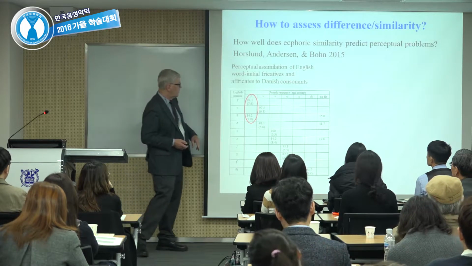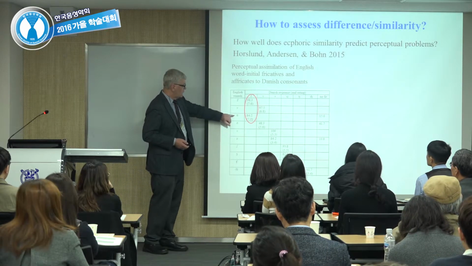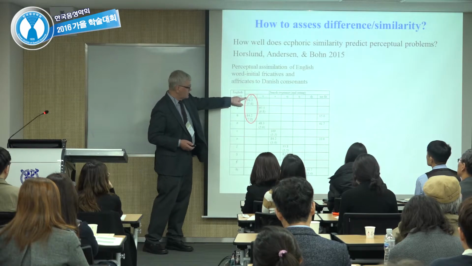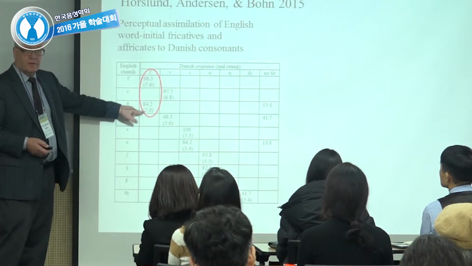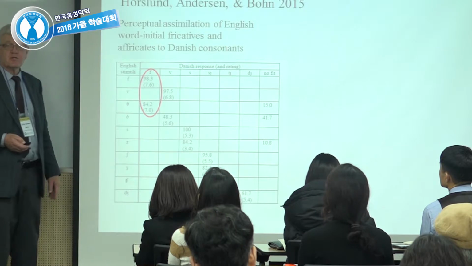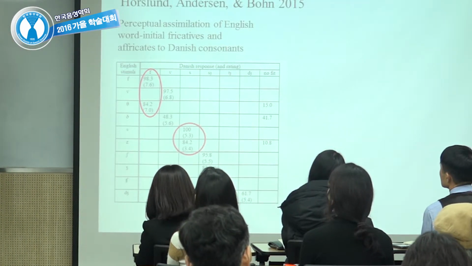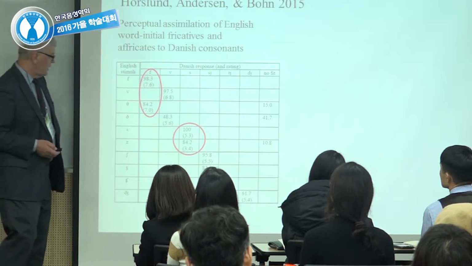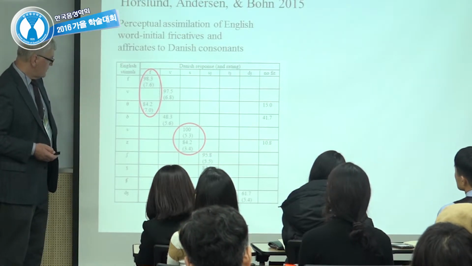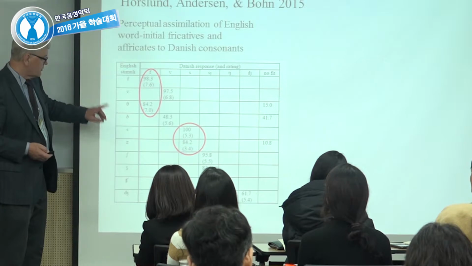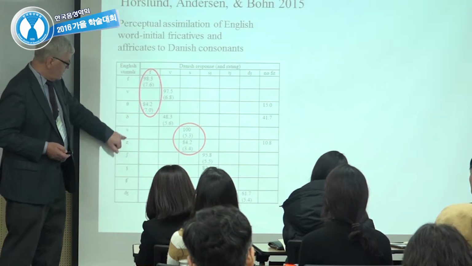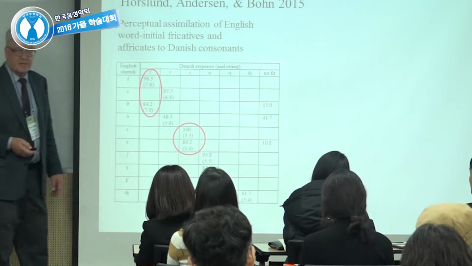English F and V are assimilated both to F in Danish. Sounds familiar to many non-native speakers. Danish does not have voiced fricatives, so English S and Z are both assimilated to Danish S.